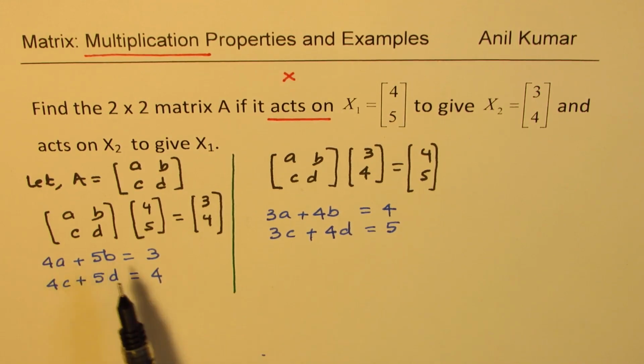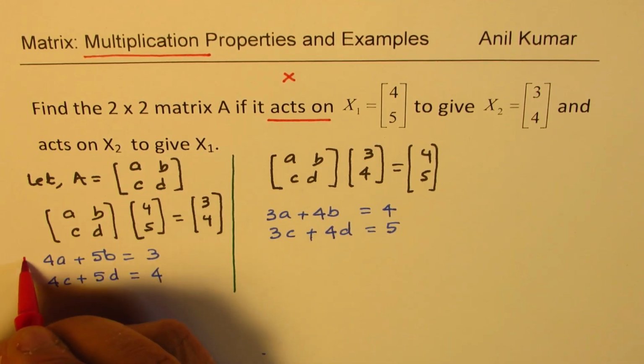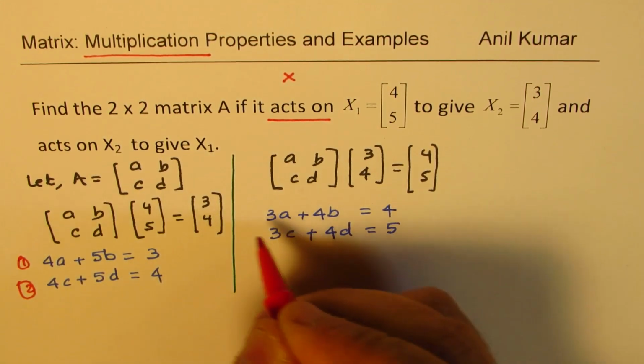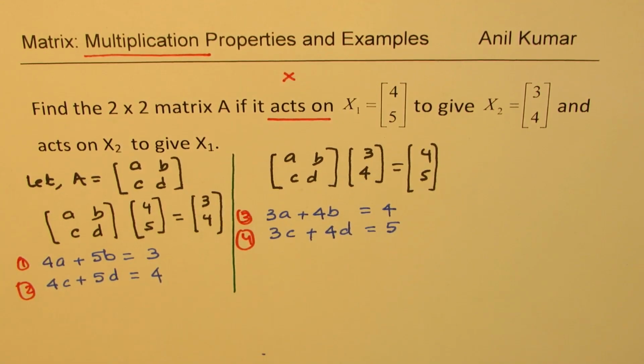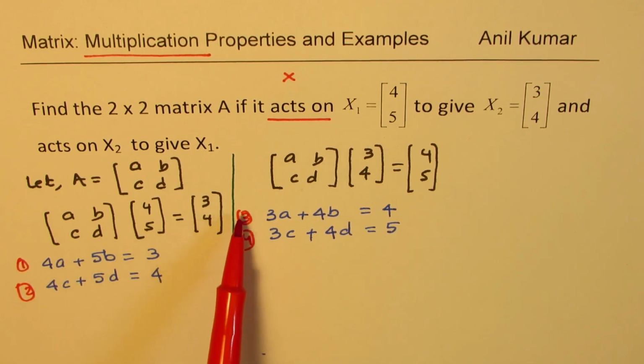Now we can solve these to get the values of a and b. Let's number them: equations 1 and 2, and here equations 3 and 4. To solve, I need to multiply equation 1 by 3 and equation 3 by 4.